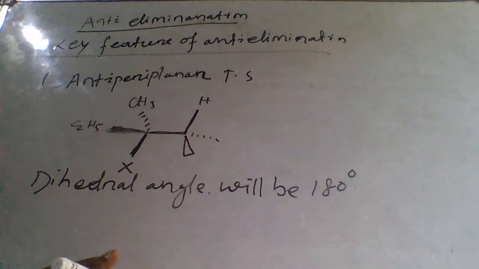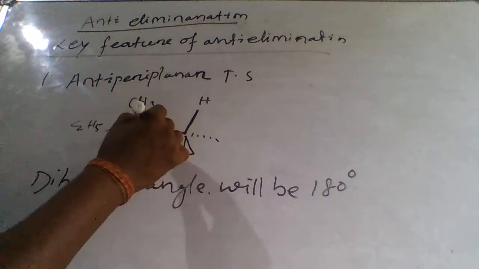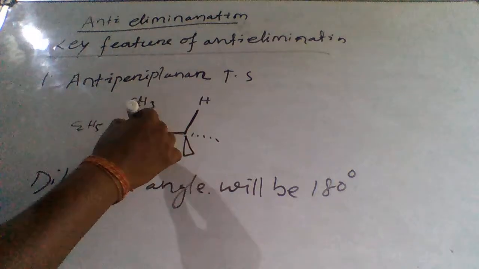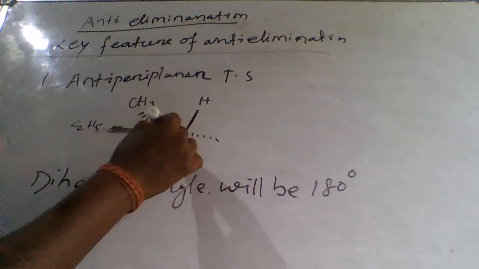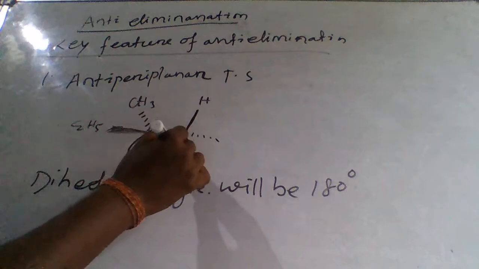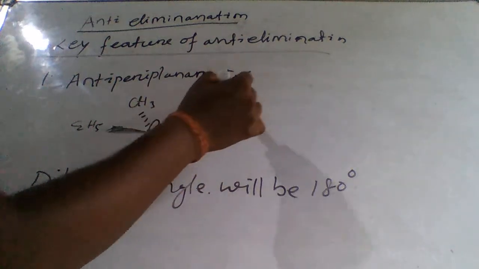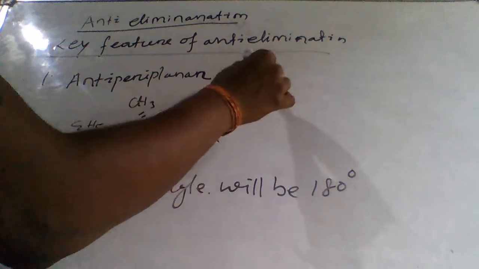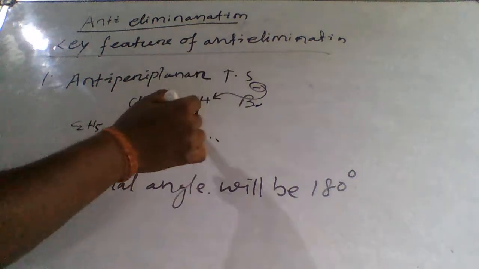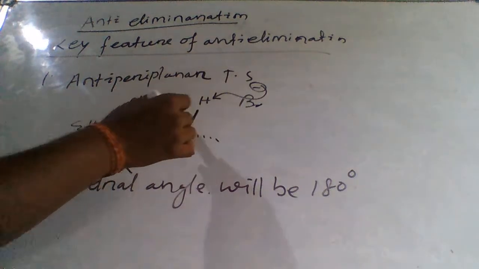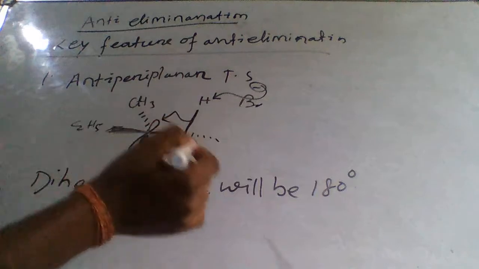Why this anti-periplanar? Because here this anti-bonding will be towards this. This is the sigma star anti-bonding C-X, and this is the bond. When the base abstracts this proton, then this bond will shift towards this anti-bonding orbital.